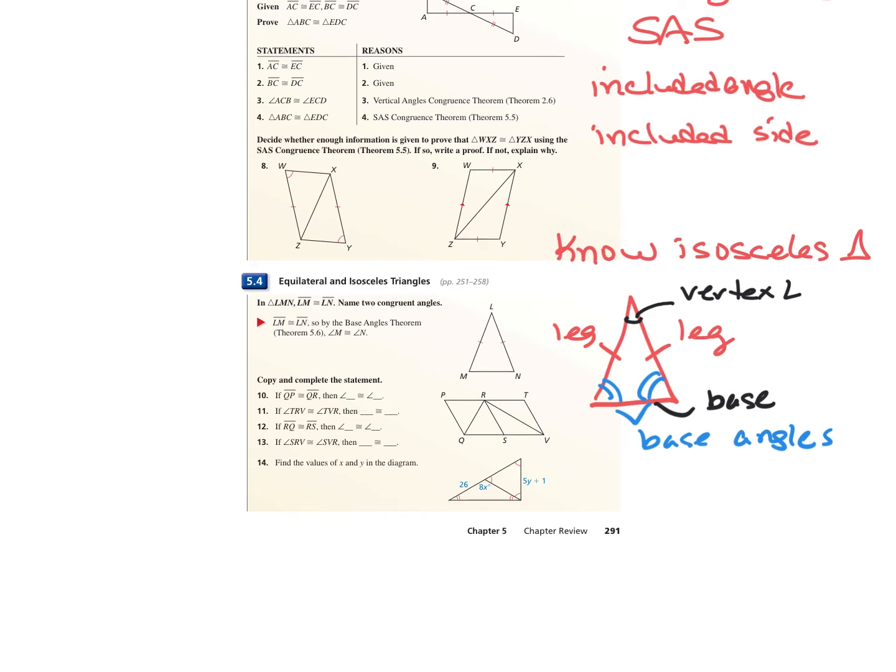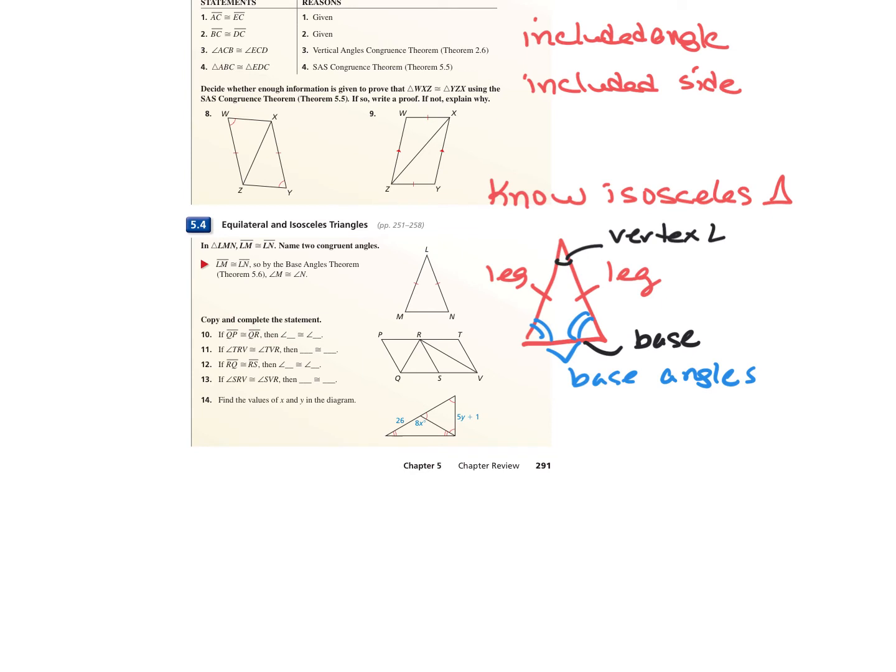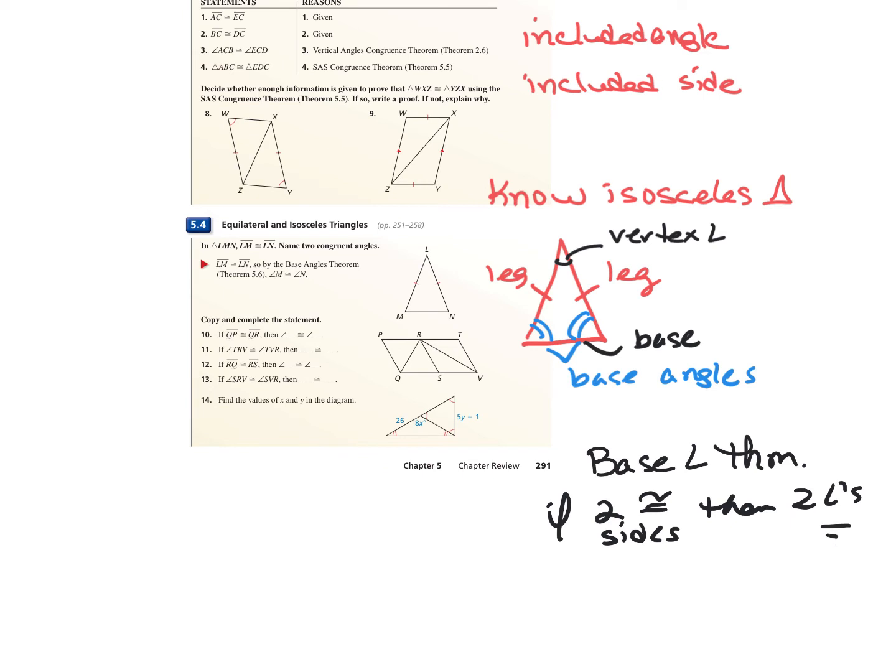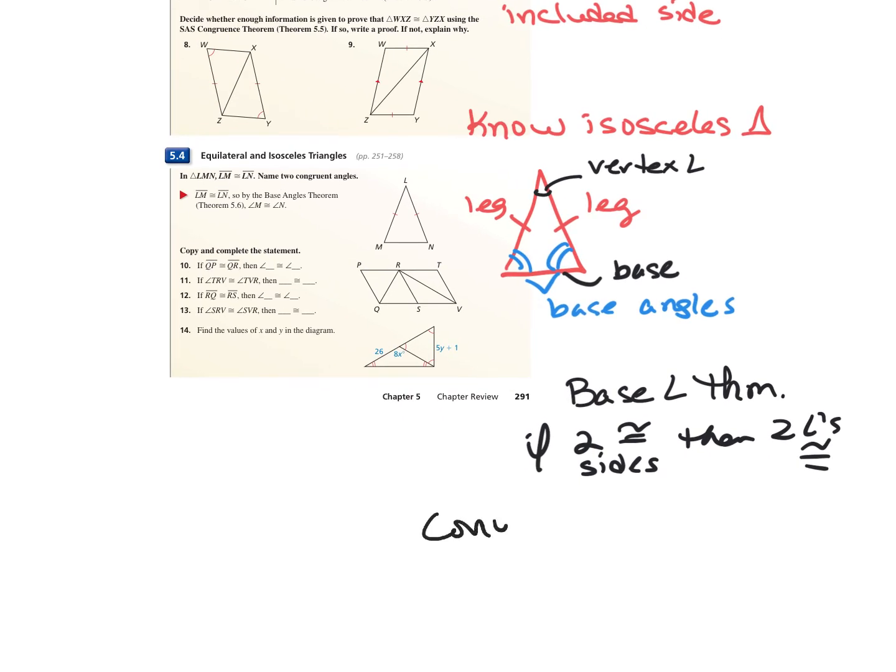In this lesson, we also learned the base angles theorem. That was if the 2 sides are congruent, then we can say the 2 angles opposite them are congruent. Then we learned the converse of the base angles theorem.